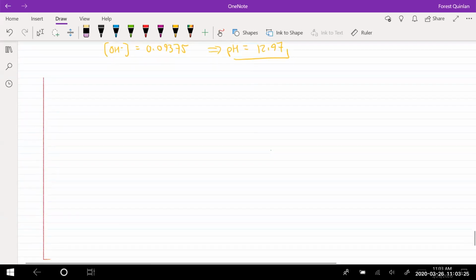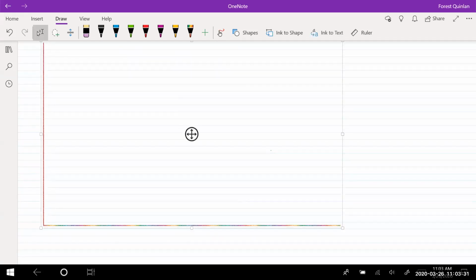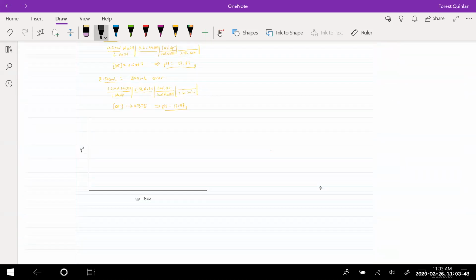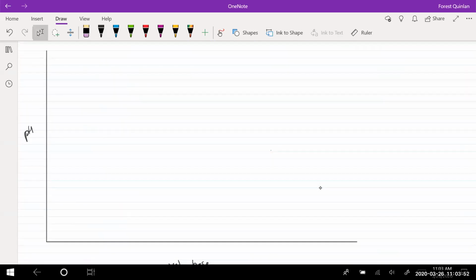Okay, so we know that this is going to be pH. We know that this is going to be volume of the base. And man, did we just make our lives fun. We have to go by 40s. Well, I could probably do this.